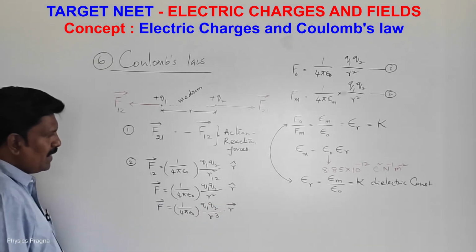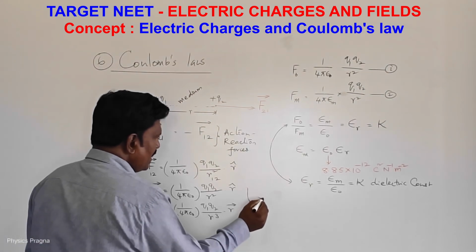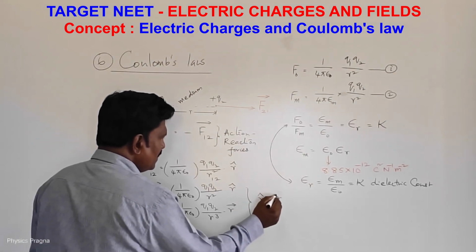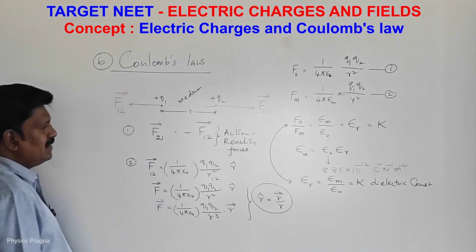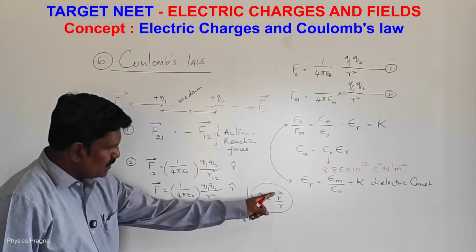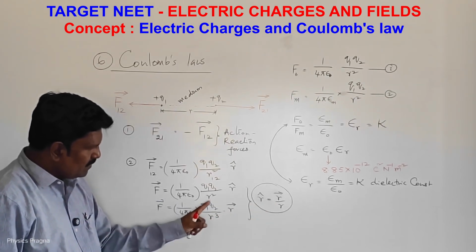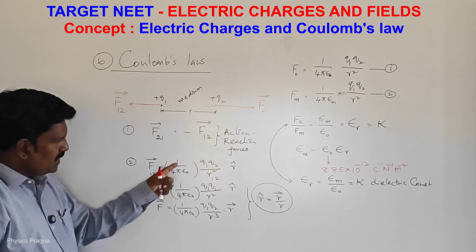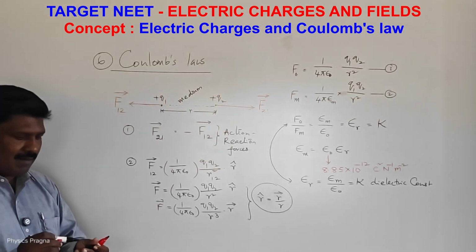Be careful. Why did r cube come? Because r cap is equal to r bar by r. Like this you remember. So r bar, if I write, one more r will come, so it becomes r cube. These are the vector forms of Coulomb's law.